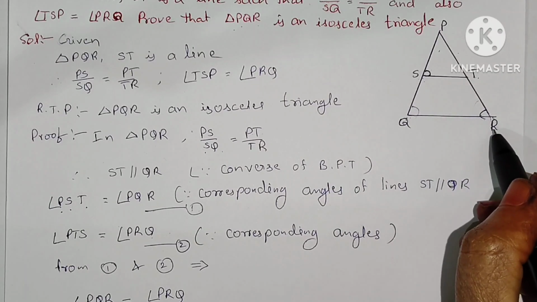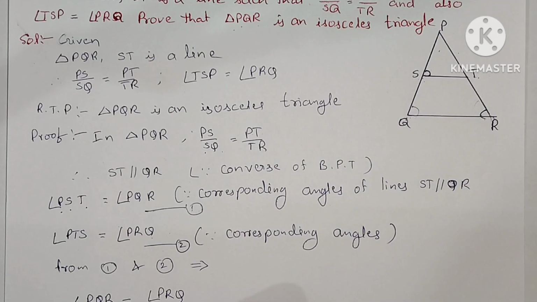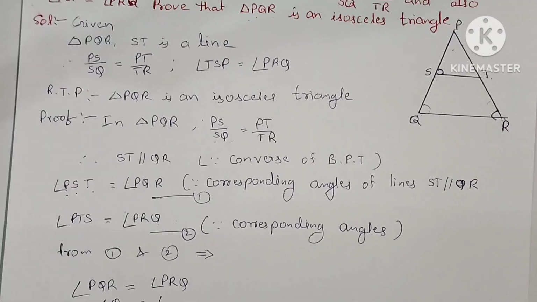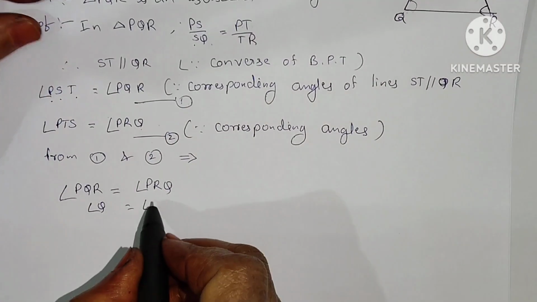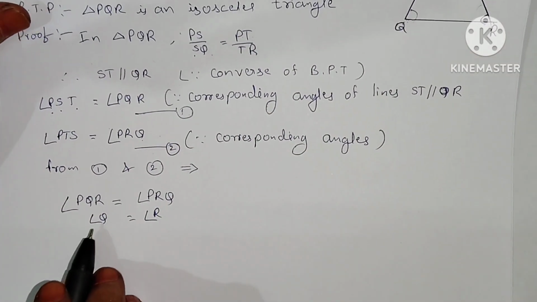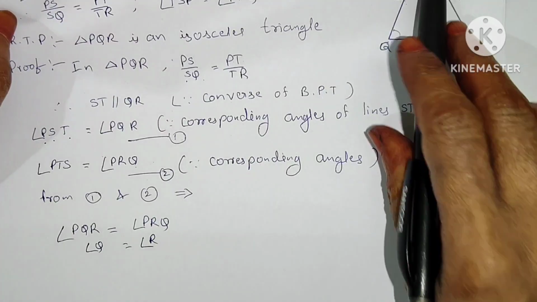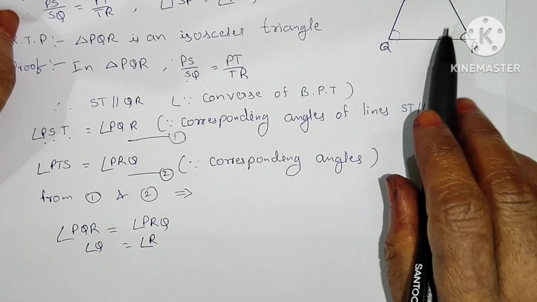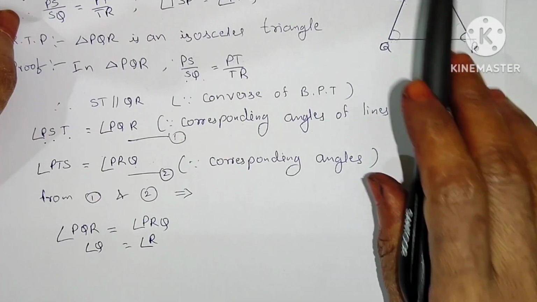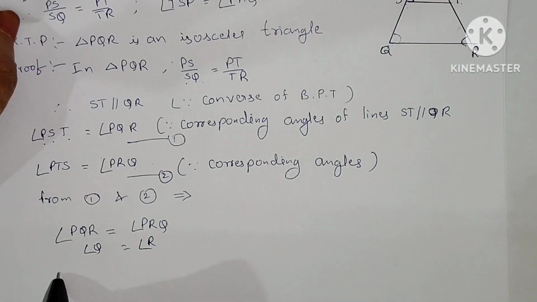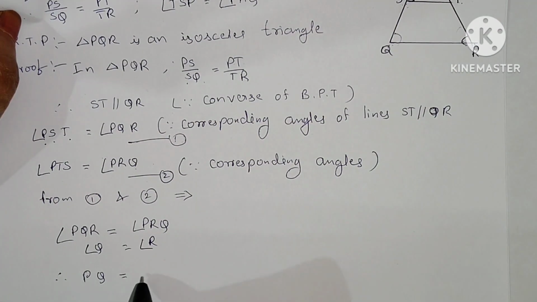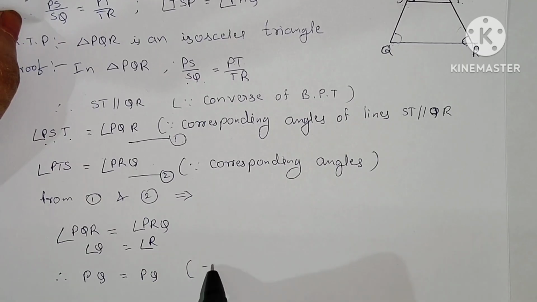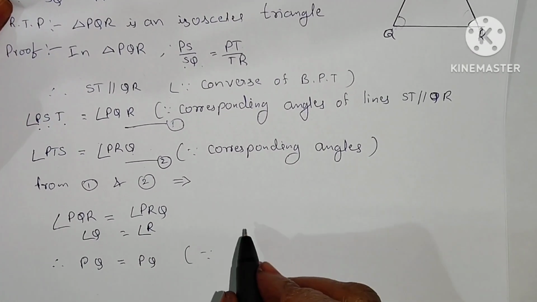These two angles are equal means angle Q equals angle R. The side opposite angle Q is PR. In a triangle, sides opposite equal angles are equal. So PQ equals PR.